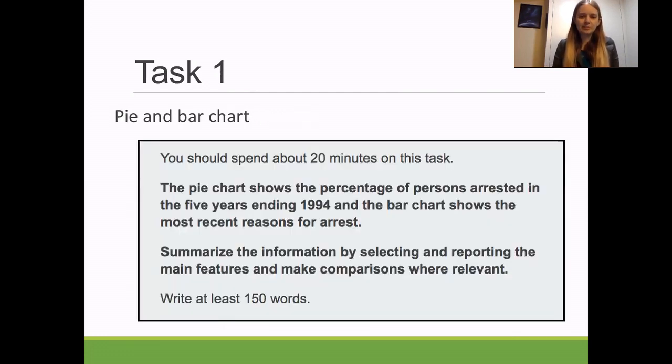The next example has a pie chart and a bar chart. So the pie chart shows a percentage of persons arrested in the 5 years ending in 1994, and the bar chart shows the most recent reasons for the arrest. So the question is the same again, but always make sure that you're reading the question very thoroughly.